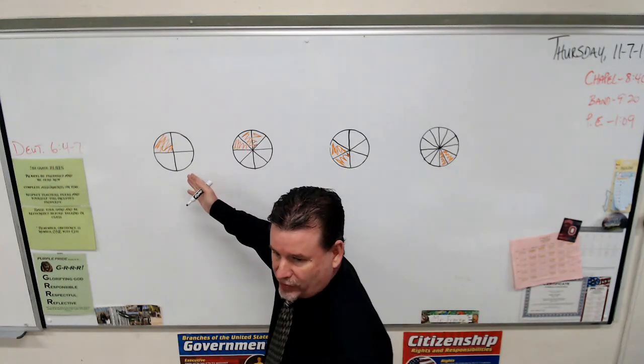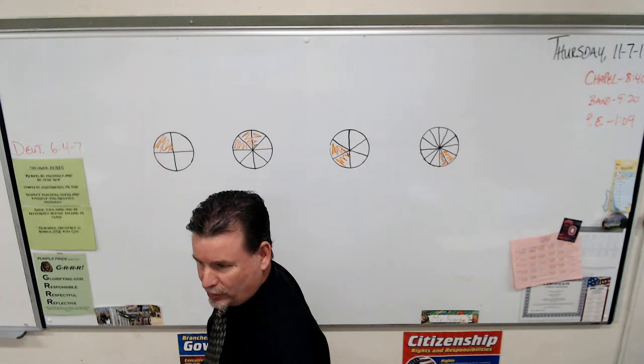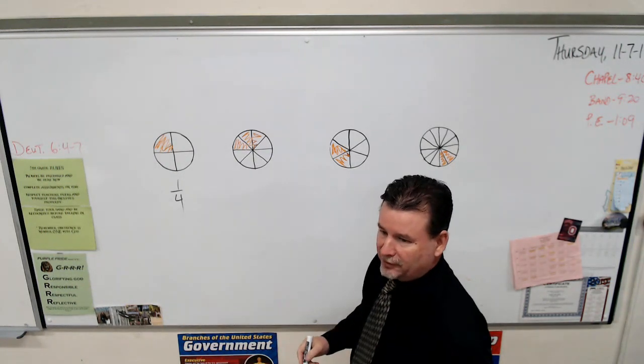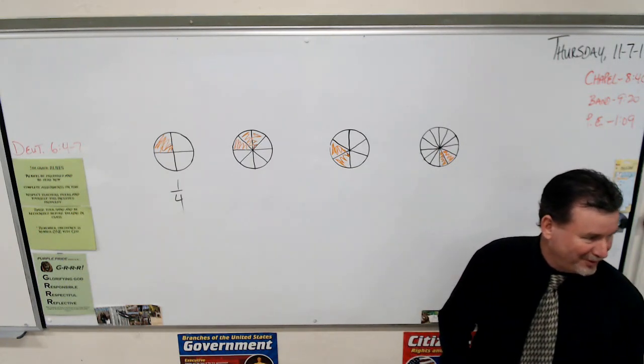What's the fraction here? Raise your hand. 1/4. Raise your hand. Be recognized. Lauren. 1/4. Look how all the hands go up when it's nice and easy. Everybody's always afraid when it's a little harder. Noah.